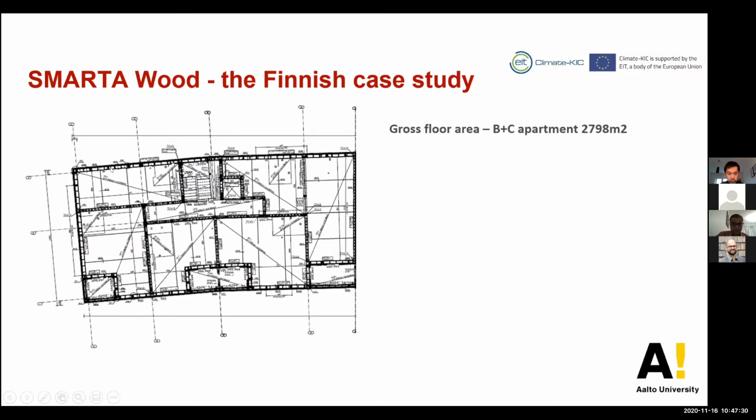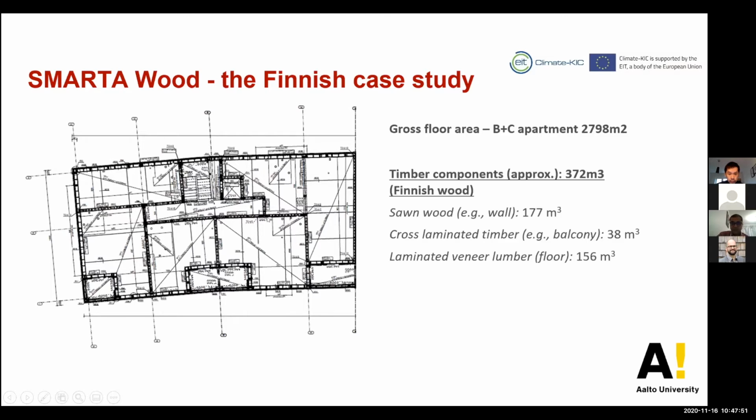You can see the wall, the staircases, the balconies, corridor, and a few rooms. And the total gross floor area for the B and C apartments is about 2,800 square meters.